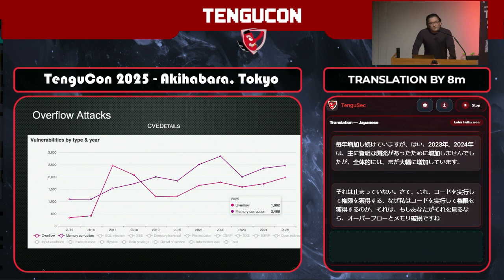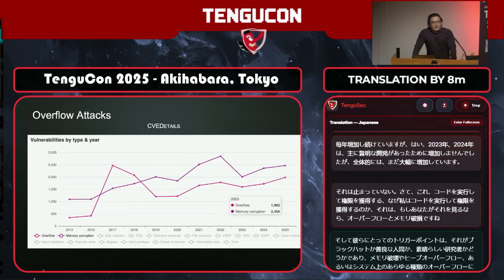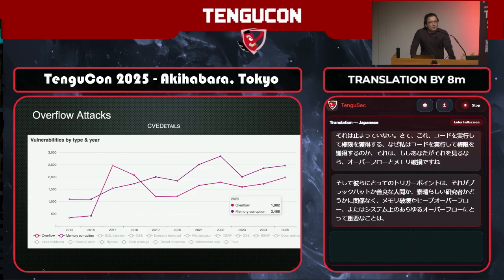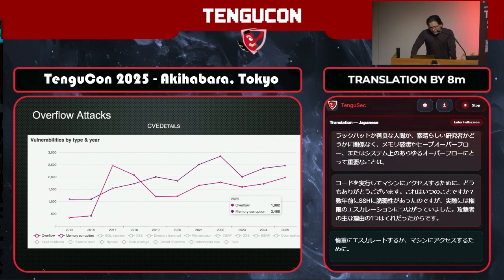One of the key things for memory corruption and heap overflow, any kind of overflow on the system, is to execute code and get access to the machine. A few years back, there was a vulnerability in SSH that actually led to privilege escalation, because one of the main goals of the attackers is to do privilege escalation or gain access to the machine. These are both related to each other.